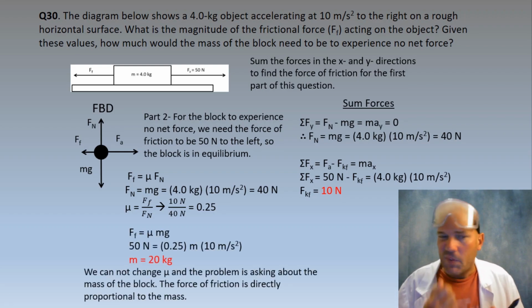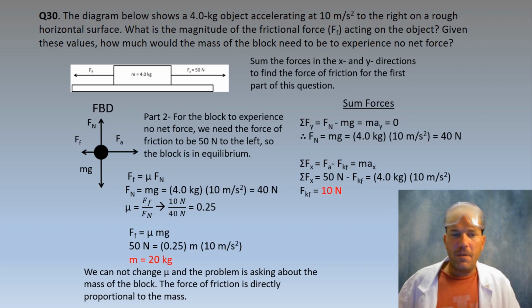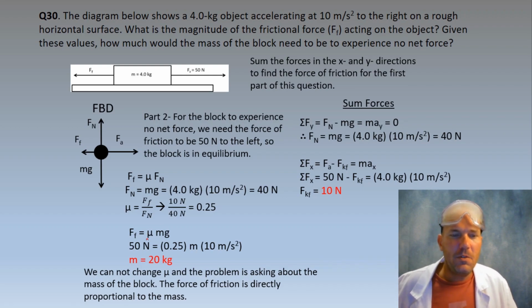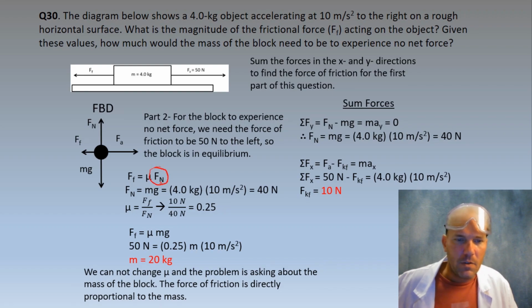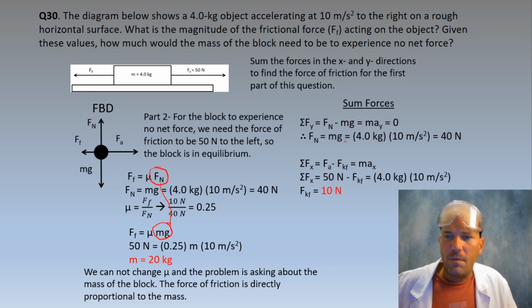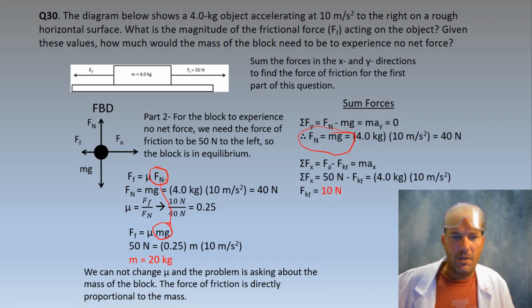All right. So force of friction is equal to mu times force normal. Well, we know from our vertical summation that force normal is equal to mass times gravity. So we can take what we know about force normal, which is 40 newtons, and plug it in here.